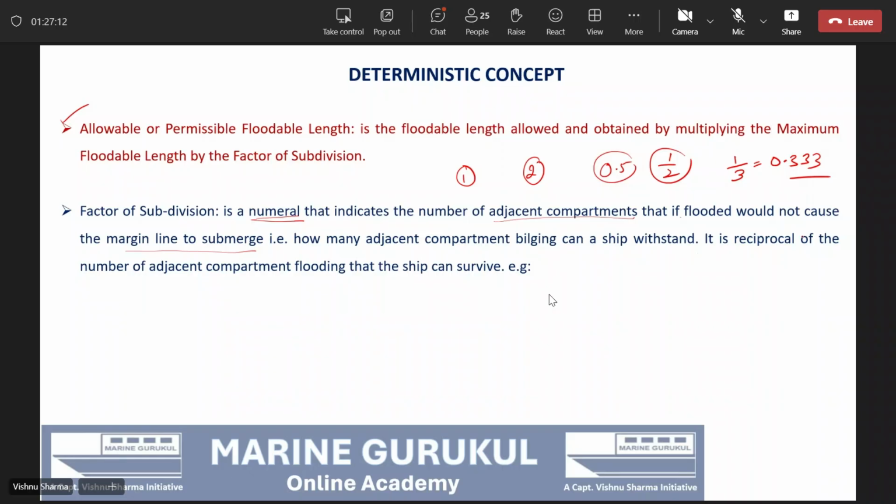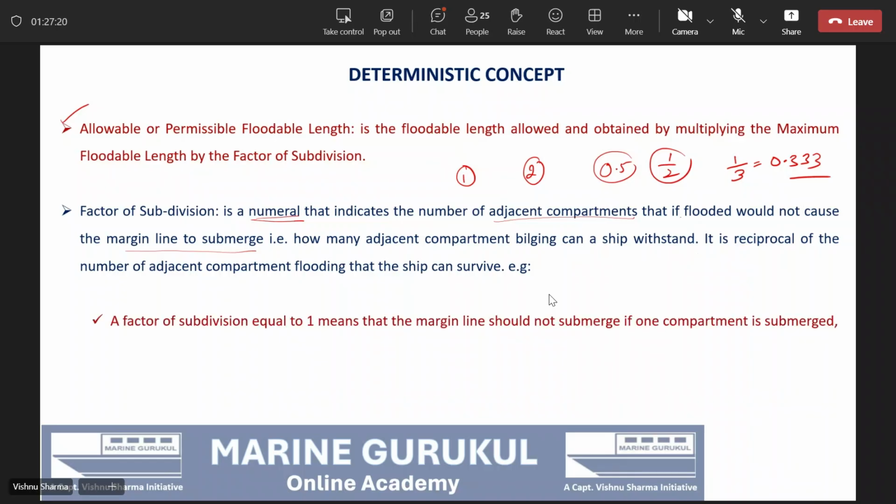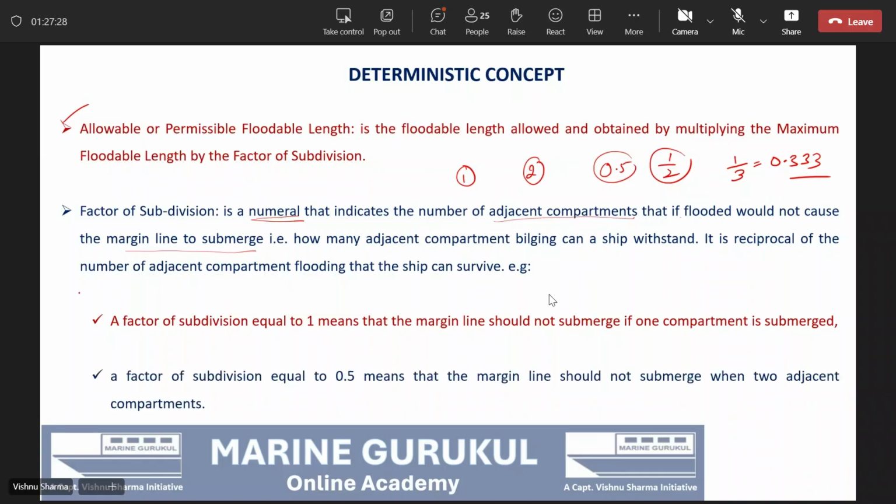It is the reciprocal of the number of adjacent compartments flooding that the ship can survive. For example, a factor of subdivision equal to 1 means the margin line should not submerge if only one compartment is bilged. A factor of subdivision equal to 0.5 means the margin line should not submerge when 2 adjacent compartments are bilged.